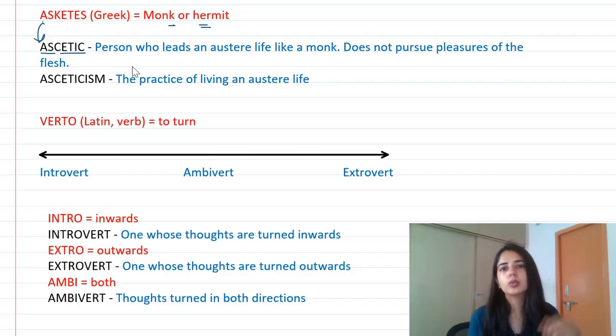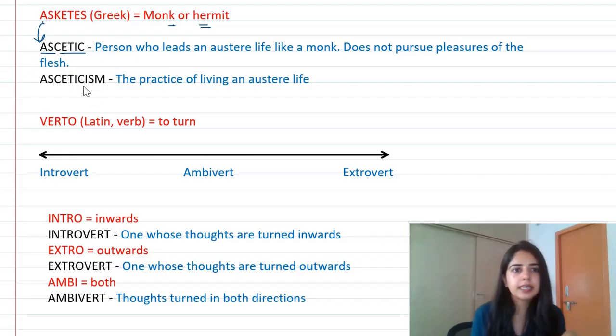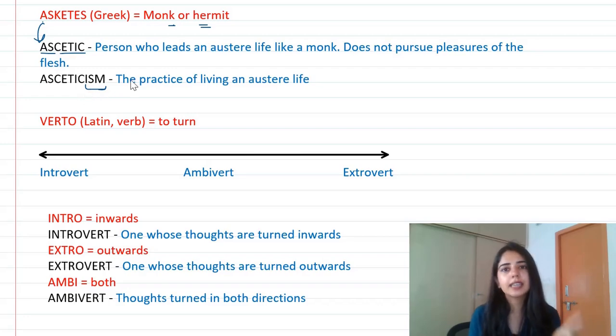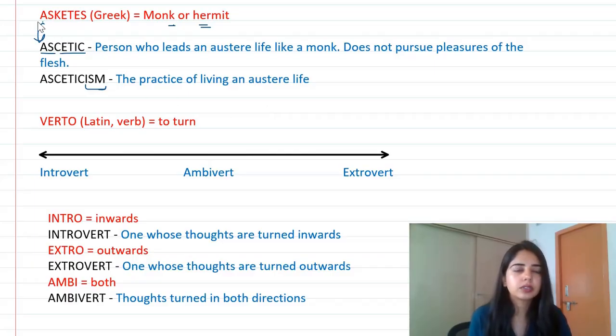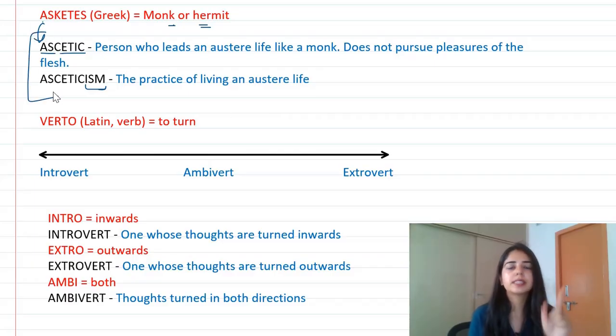So a person who leads such a life, who does not pursue pleasures of the flesh, who does not want the best food, best clothes and everything, who just wants a simple living, high thinking life, is ascetic. And this philosophy, when you add the suffix ISM, it becomes the philosophy, the practice of it. So asceticism is the practice of living an austere life, a life without human or bodily pleasures, a life of simple living, high thinking. So these 2 words have been taken from ascetes.